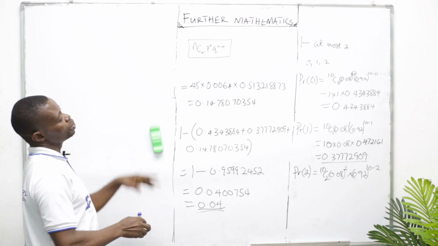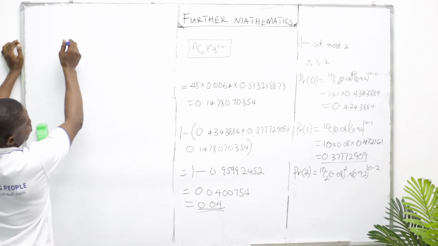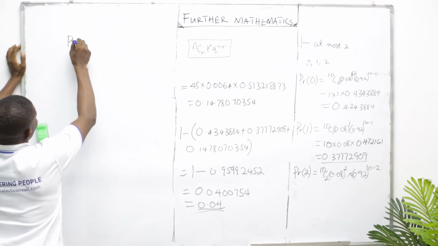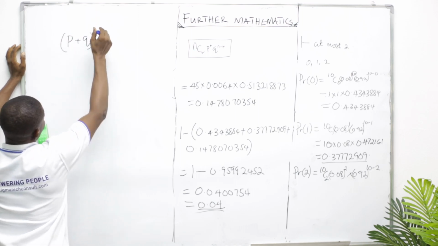Now, if you want to use the binomial theorem to solve, you have to create (defective plus non-defective) raised to power 10.